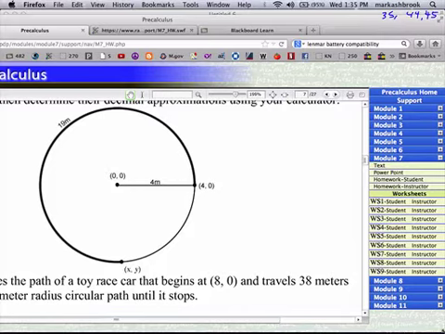The toy car is going around a circle of radius 4. It starts at the 3 o'clock position, and it travels an arc length of 19 meters to its final position down here near the bottom of the circle. And they want to know what those coordinates are in meters. If this is the point, then what are the coordinates x and y?